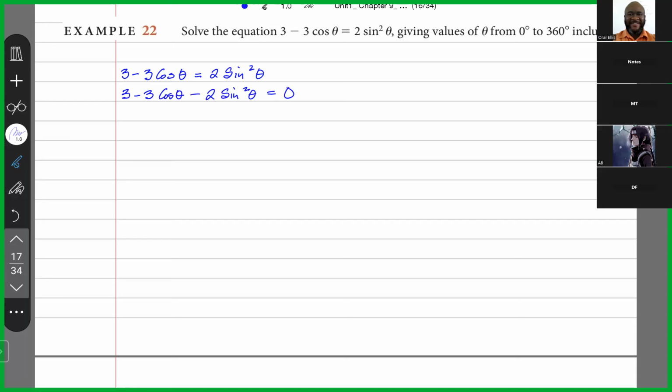And I can do that because sine squared theta plus cos squared theta is equal to 1.